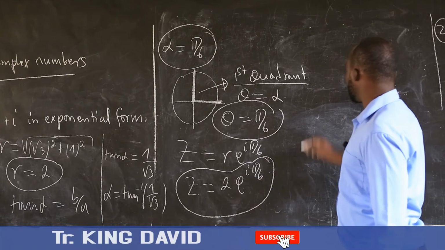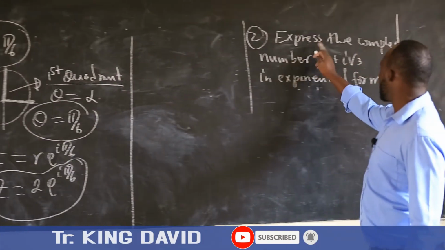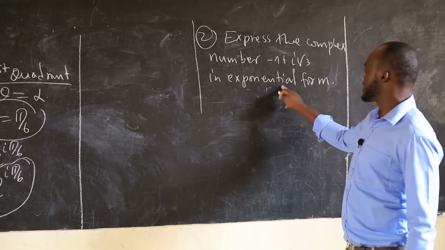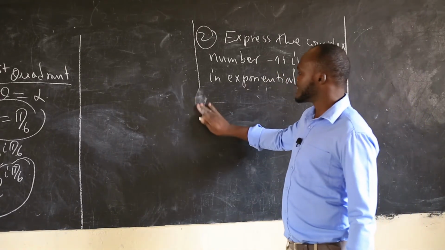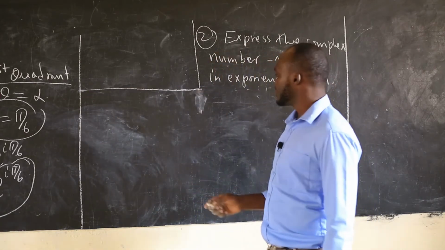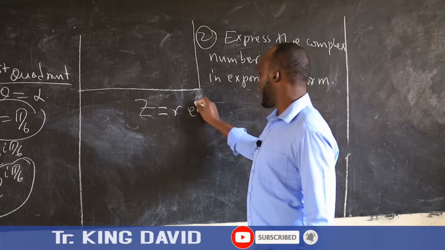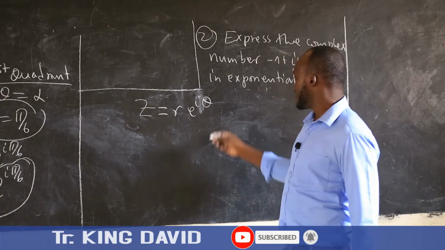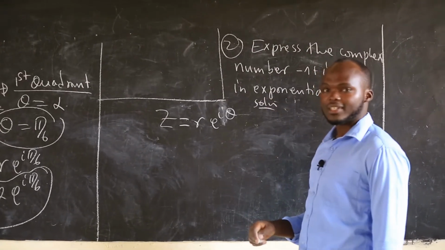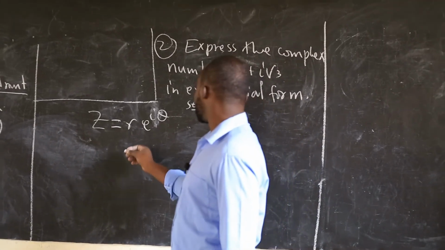So let us go to number 2. Number 2 is saying: express the complex number -1 plus i root 3 in exponential form. So it is the same way. What you have to do is z equal to r e power i angle. So we're going to find r, which is the modulus, and we find the argument of z.